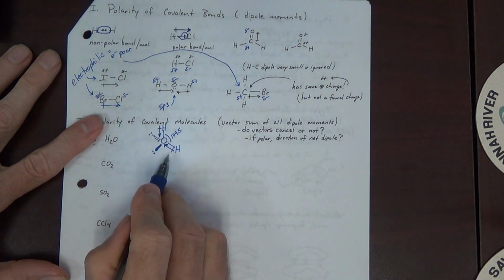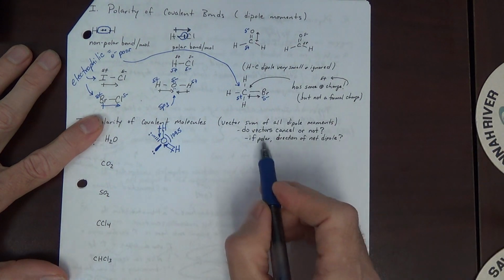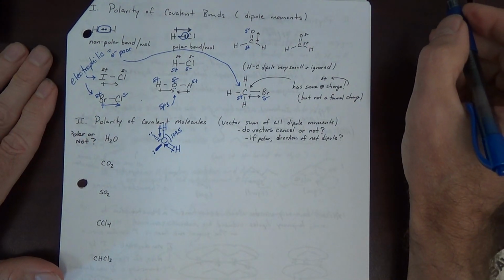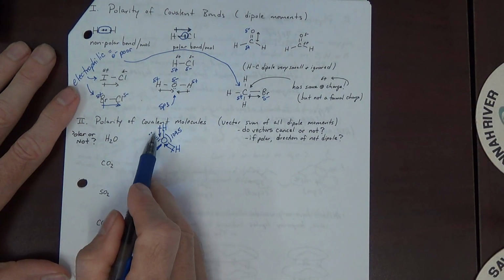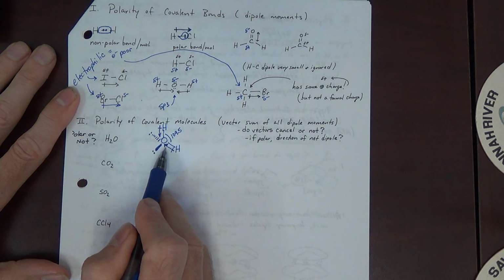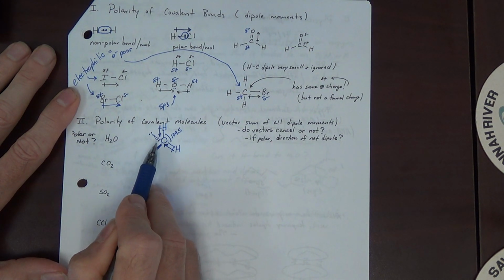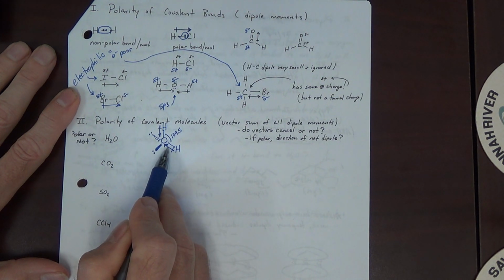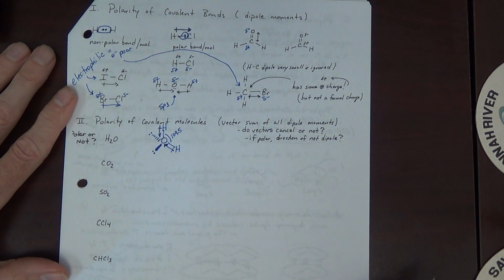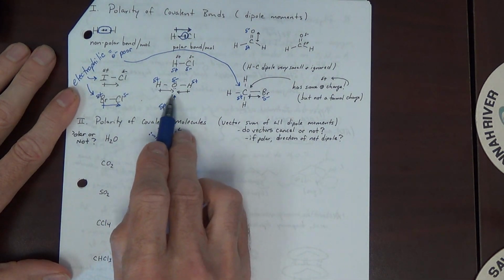They are equal. Now this is vector addition. Perhaps you've done some vector addition in a math course or a physics course. Each dipole has a vector. For these to cancel, they need to be equal and opposite. These two OH dipoles are equal, but they're not opposite. They would be if it was linear up here.